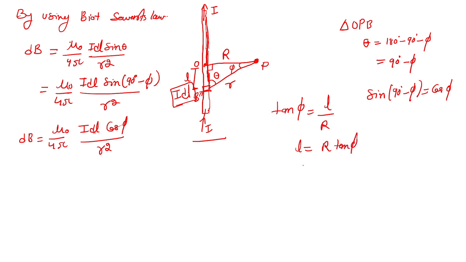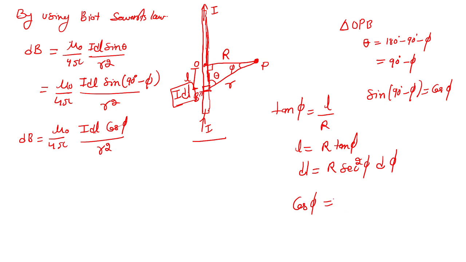By differentiating this equation, we will get dl equal to r secant square phi d phi. So this is the value of dl. Now we have to calculate the value of cos phi. It is very simple and very easy. Either you can calculate the value of cos phi, or you can calculate the value of r square.